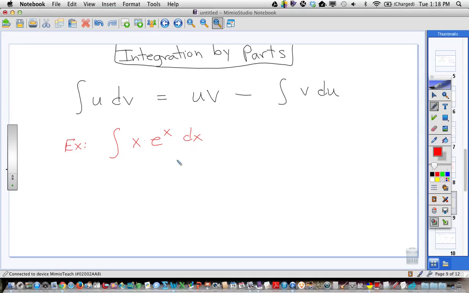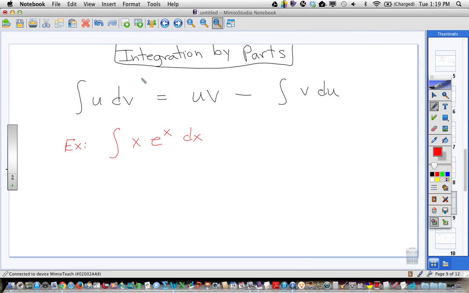Right? We tried u substitution. It gave us an integral we didn't know. If we would have known natural log, but a lot of these will give you an integral. If you tried u substitution, it wouldn't work. Most times it just wouldn't work. And it's not a basic antiderivative that we can deal with.